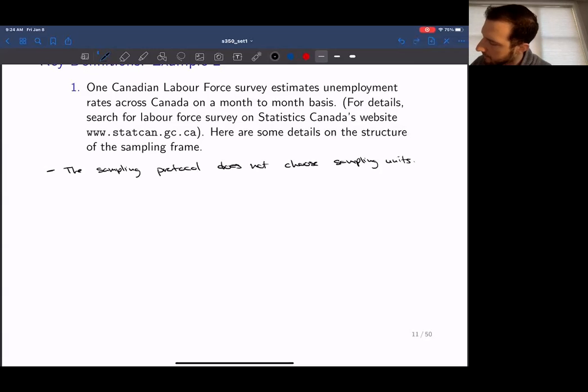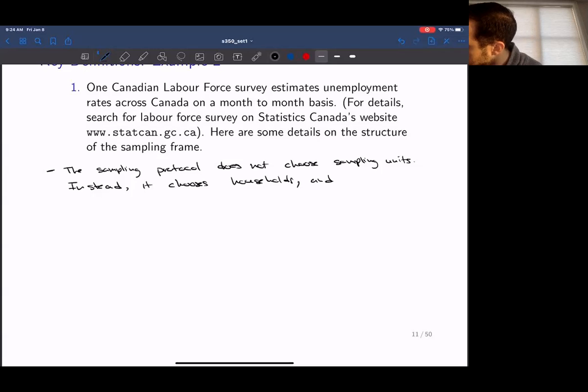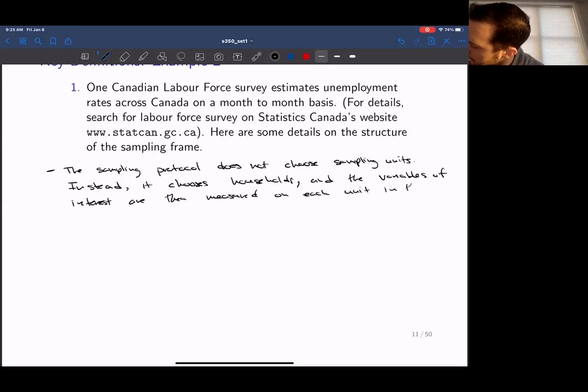Instead, it chooses households. Okay. And the variable of interest are then measured on each eligible unit in the household.